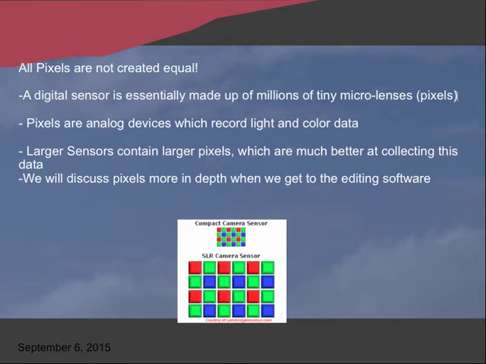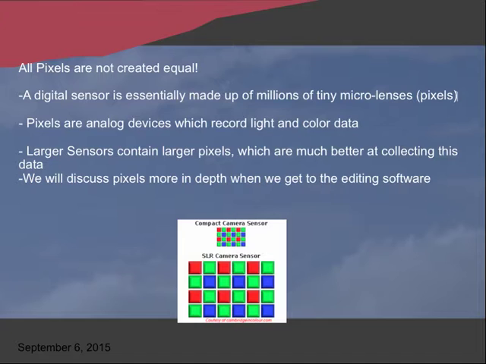Something we're going to talk about later throughout the semester, especially when we get into editing software programs, is that all pixels are not created equal. A digital sensor is essentially made up of millions of tiny micro lenses, and these pixels are analog devices which record the light and color data. Larger sensors logically contain larger pixels, which are much better at collecting this data, and that is what the DSLRs are using.